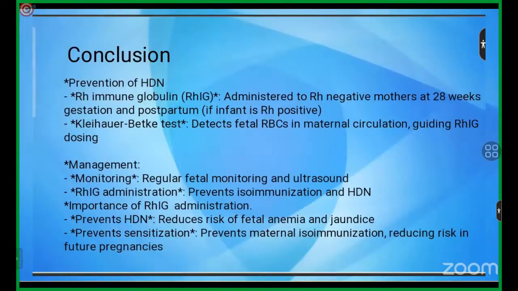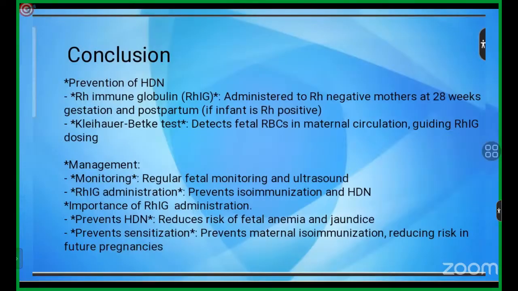To prevent HDN, we require Rh immunoglobulin administered to Rh negative mothers at 28 weeks. You remember we were talking of less than 20 weeks. So the consequential calculation will be obtained over 28 weeks.